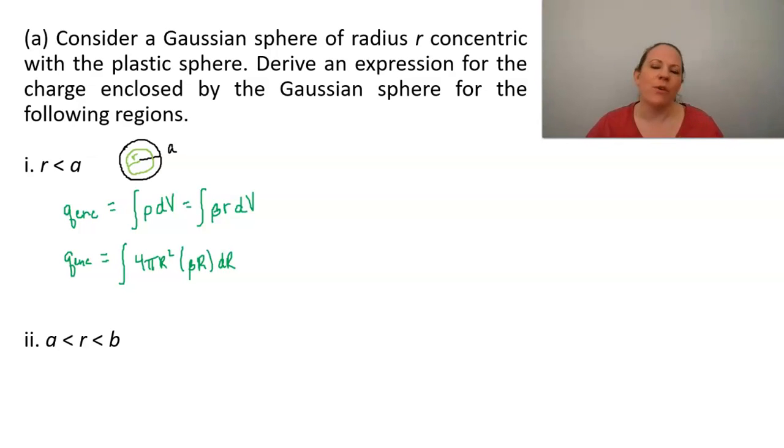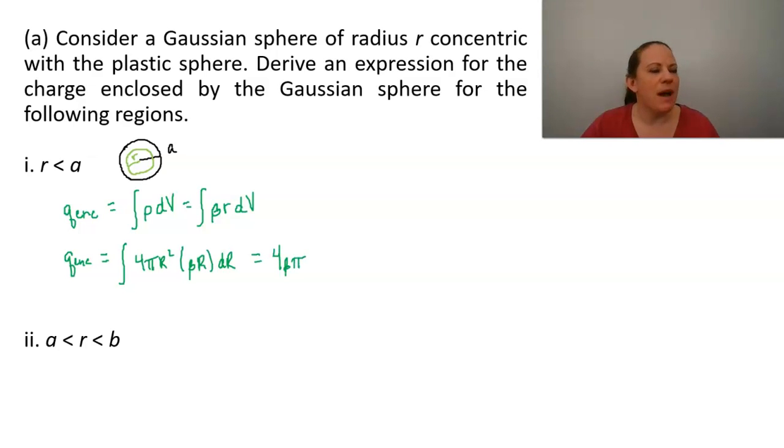So our differential little piece of volume is equal to the surface area of the enclosing sphere multiplied by dR.